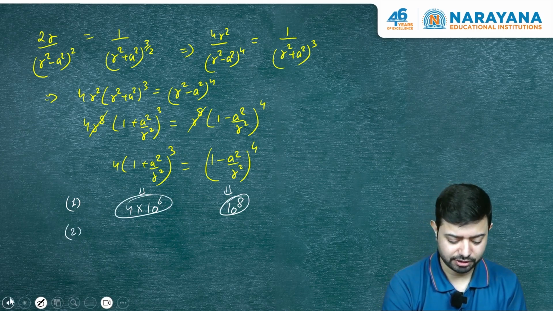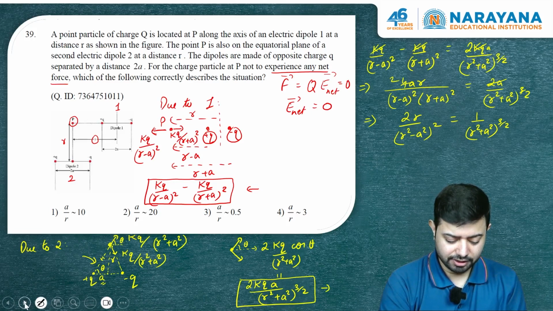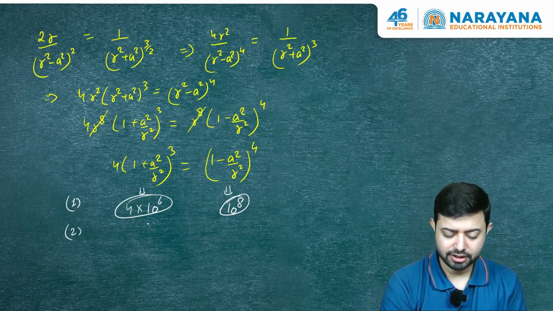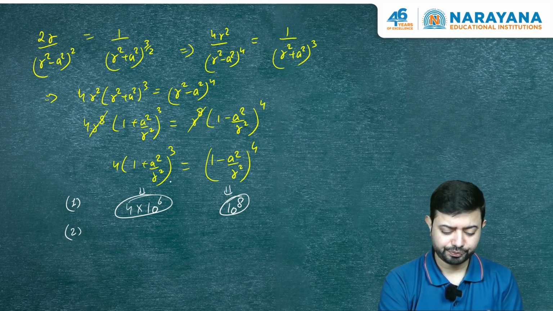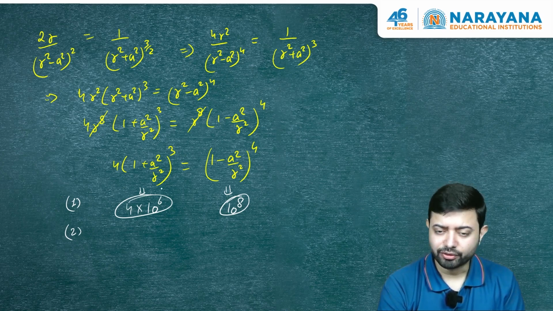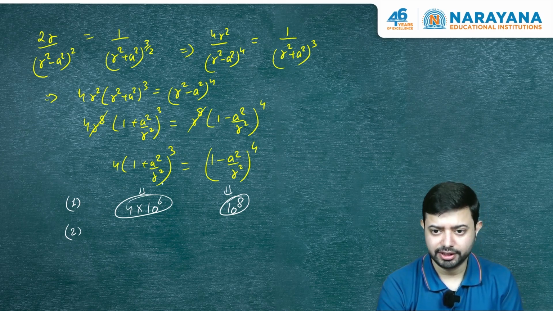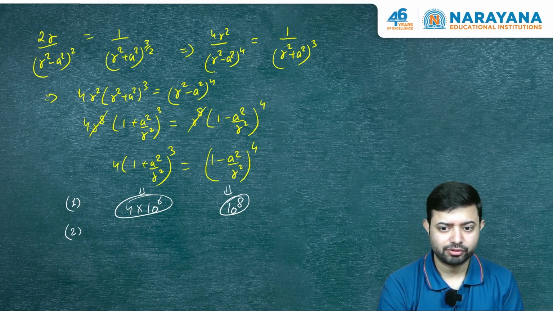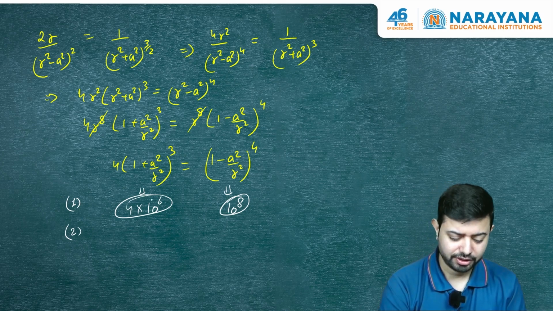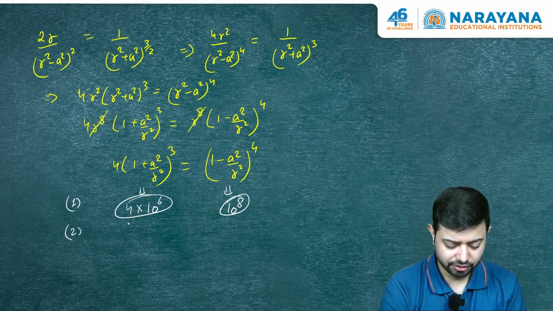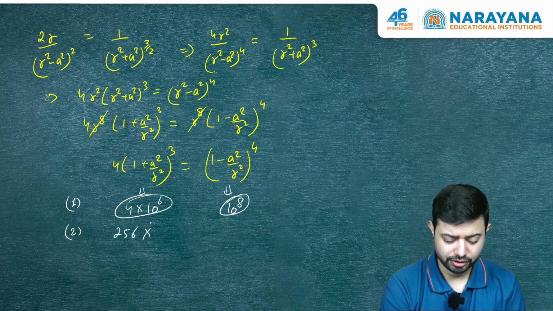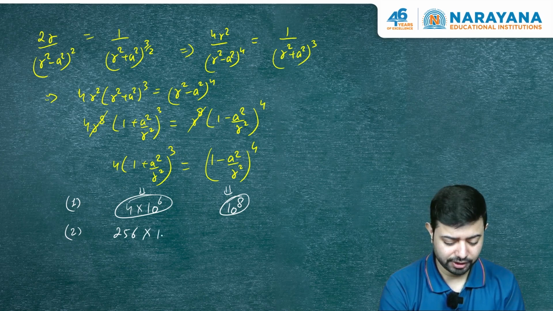Look at the second option. A by R is around 20. So, 20 squared is 400, 400 plus 1 is nothing. 400 to the power 3 is going to be 4 4 is 16, 16 4 is 64, and again 64 into 4 is 256, into 10 to the power 6.